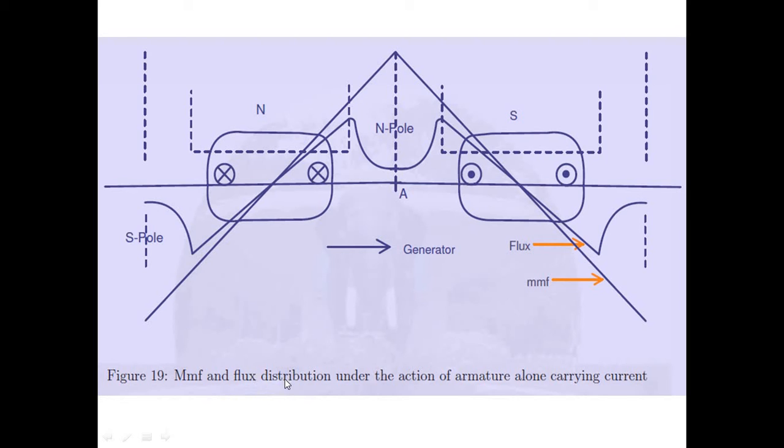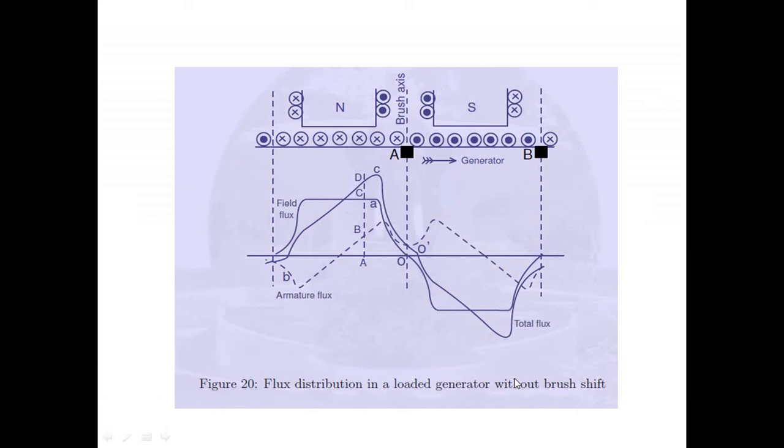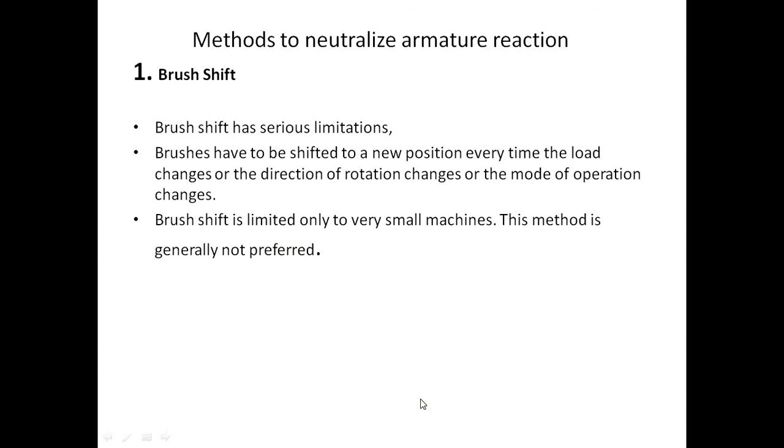MMF and flux distribution under the action of armature alone carrying current. In this figure, the field flux, the total flux, as well as the armature flux in the reaction of a DC generator are mentioned. Flux distribution in a loaded generator without brush shift.